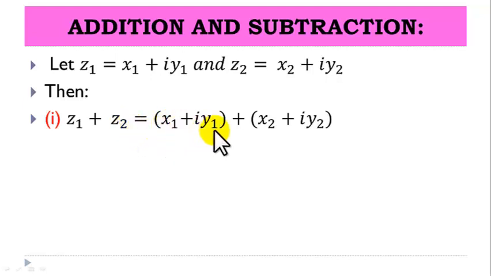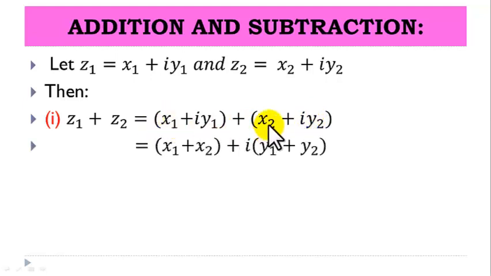That is, x1 plus iy1 plus x2 plus iy2 will give us x1 plus x2 plus iy1 plus iy2, and that will be x1 plus x2 plus i into y1 plus y2.